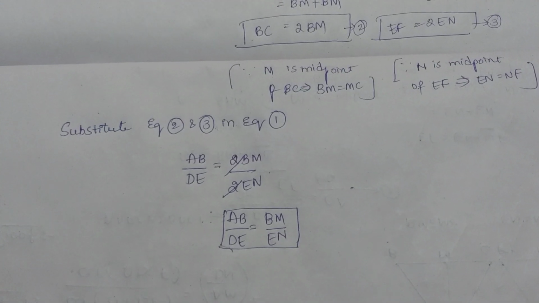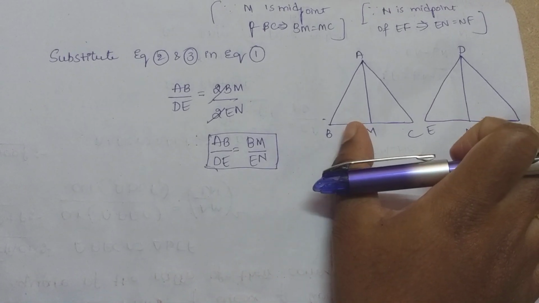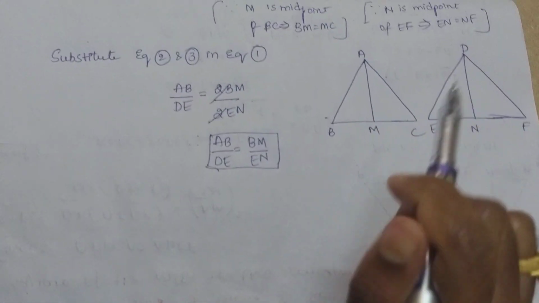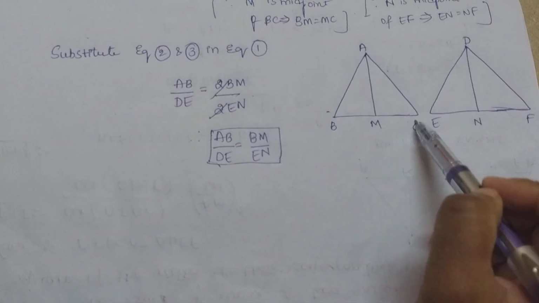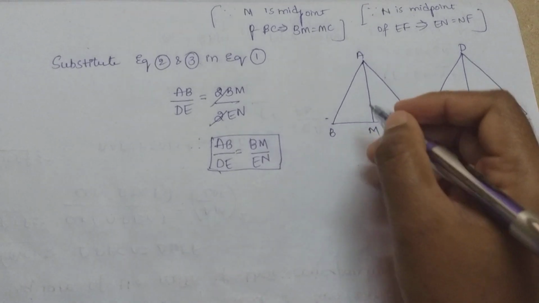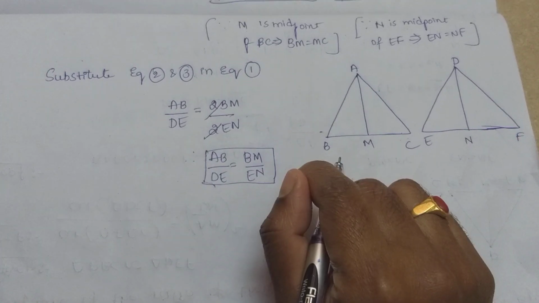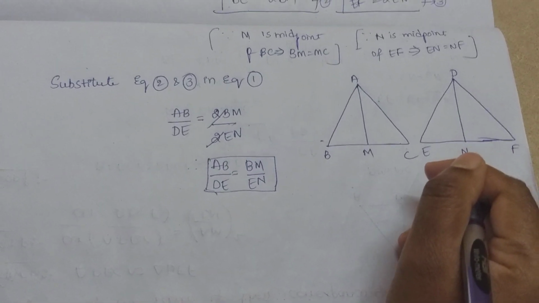Now let's draw the diagram here only again. Same diagram. For understanding I have drawn the diagram here only. So AB by DE equals BM by EN. And we know that if triangle ABC is similar to triangle DEF, it implies that their corresponding angles are equal.